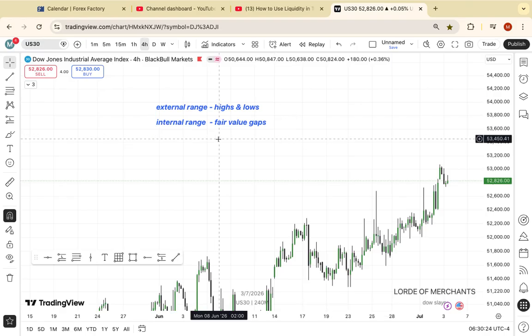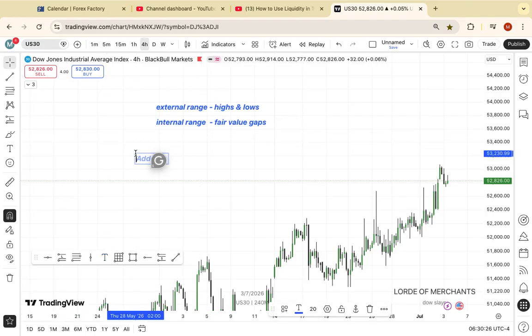So in simple terms, what we say is, if price is not sweeping highs and lows, it's filling fair value gaps.